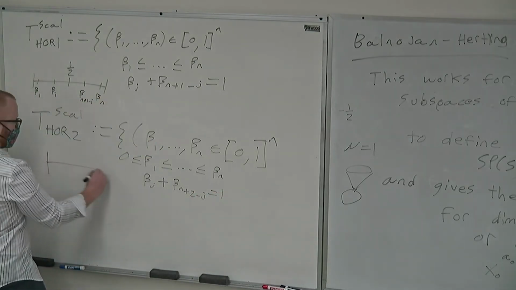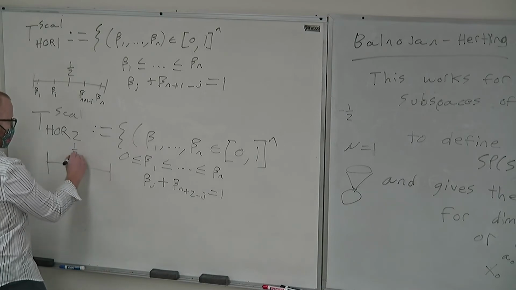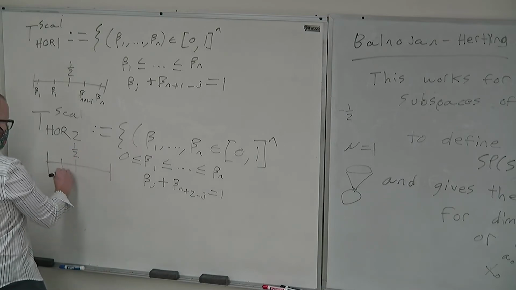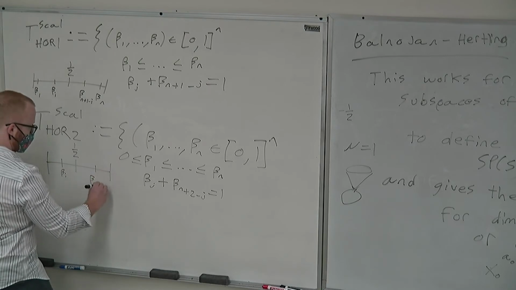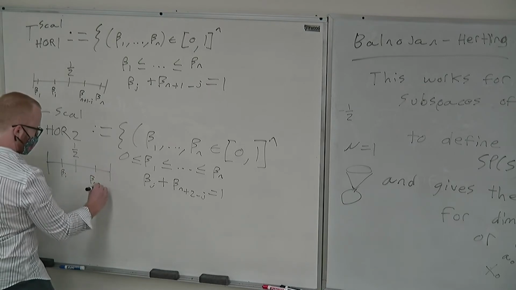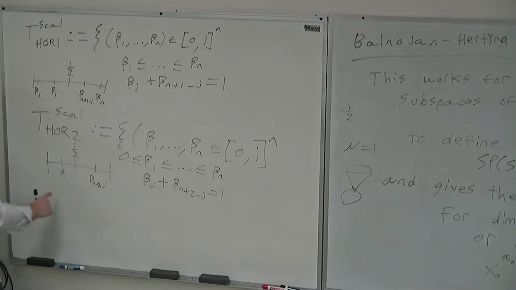So in this, we're still symmetric about 1/2. We still have this symmetry for all these numbers, except for maybe there's just this random beta 1 that's out here.